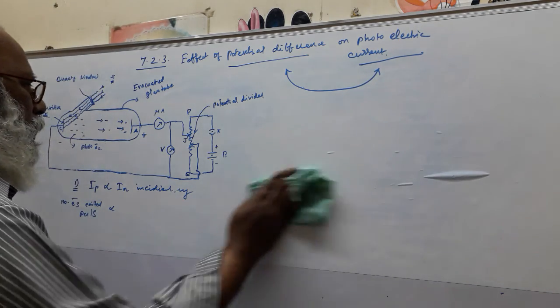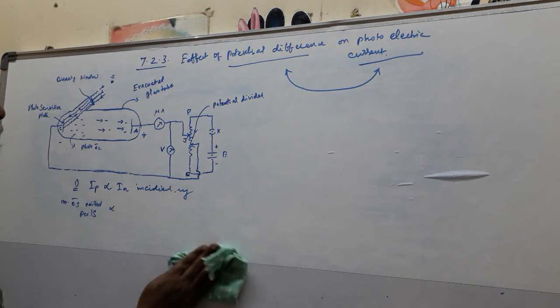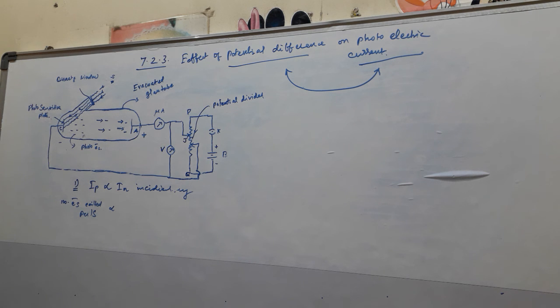Naturally, it will attract the electrons from the cathode. In case you keep this potential as negative, even though the electrons are moving towards the anode terminal, it will stop. Why? What is the reason for that? That is what we are going to explain.